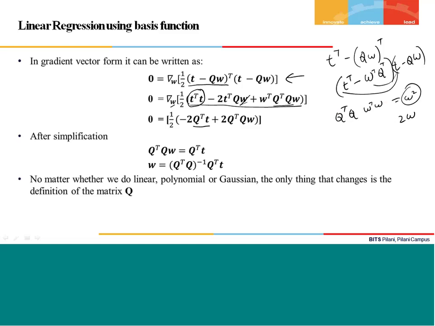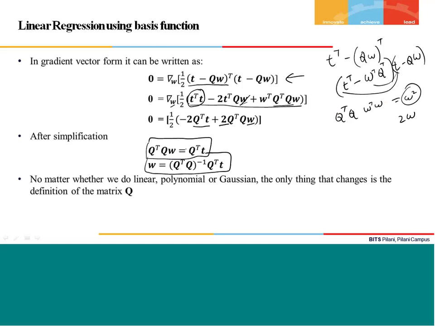So it is 2W, right? This 2 will come here and this W will get here. So when I differentiate W transpose W with respect to W, I get this expression. Putting it to 0, I get this, and finally I get the value W equals this.